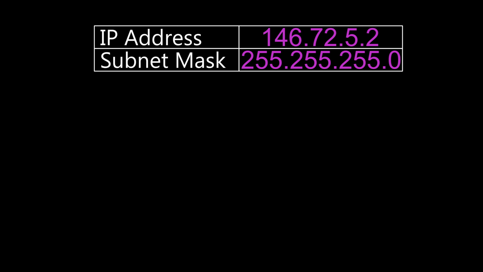In the old days, this would have been called a Class C address. 256 addresses, because you're basically taking that last octet and setting it to 0, meaning that all 8 of those bits are reserved to represent a specific host rather than the network that that host is on.